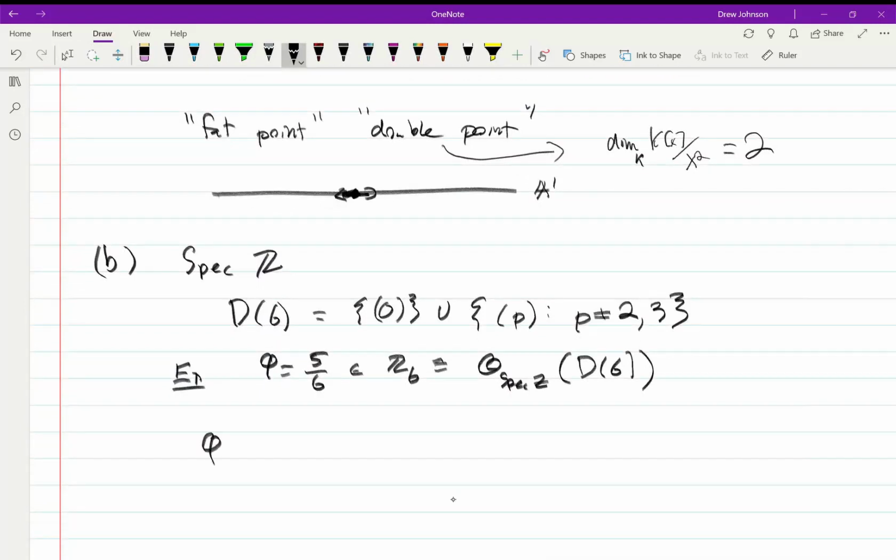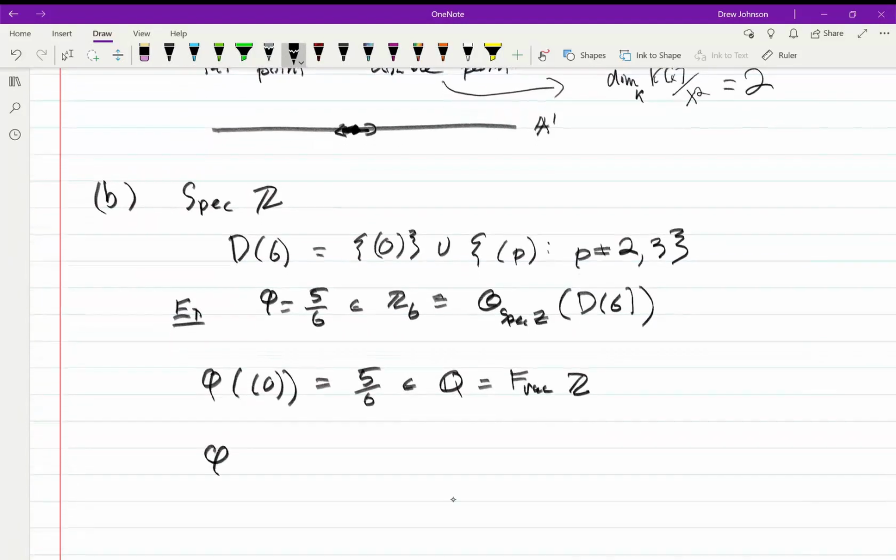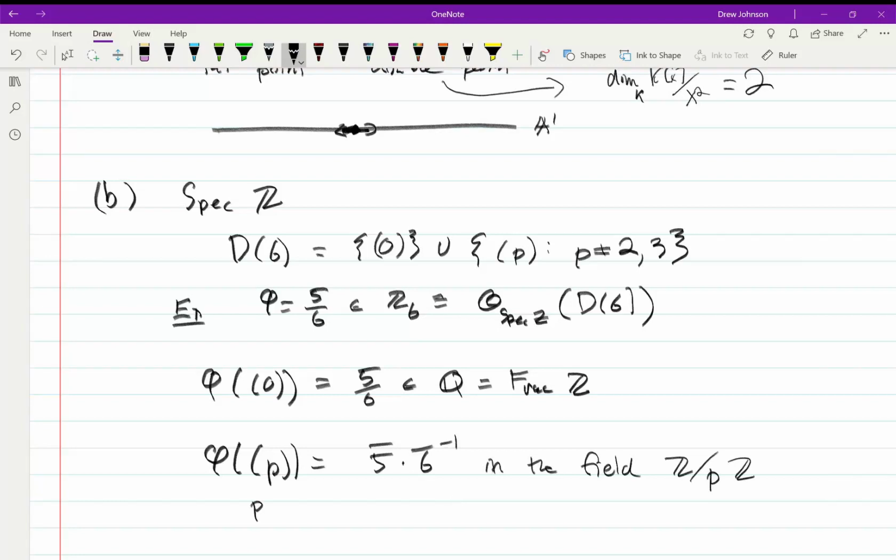For example, phi evaluated at the ideal generated by 0 is just the rational number 5/6 in Q, the usual rational numbers, because Q is just the fraction field of Z. For other prime ideals, if I evaluate at a different prime ideal, it's just the class of 5 times the class of 6 inverse in the field Z mod pZ. This is for p not equal to 2 or 3.